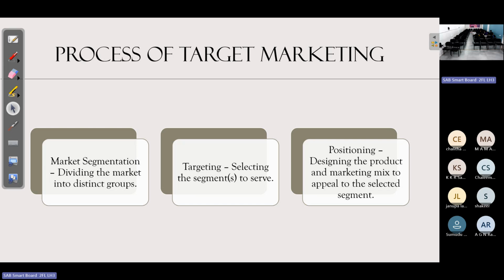Positioning, write down the meaning: company tries to position product image in customer mind.